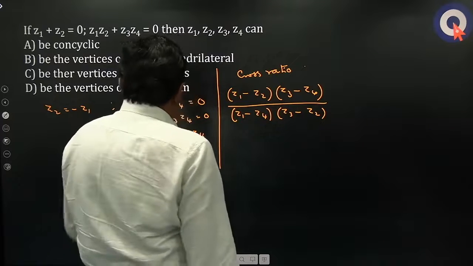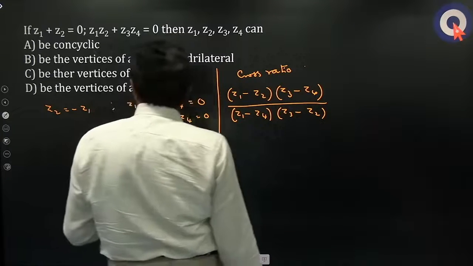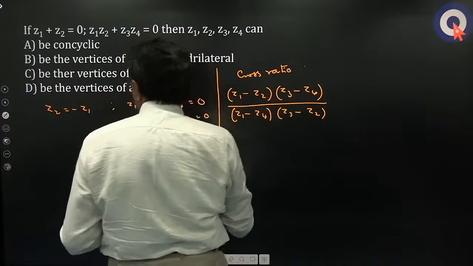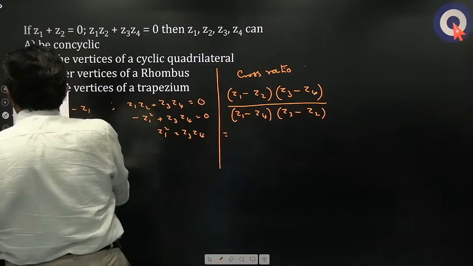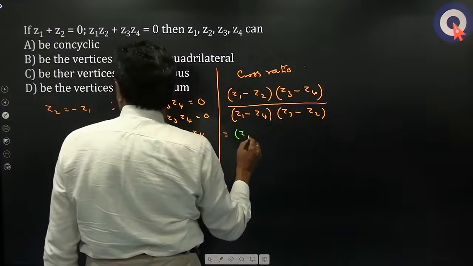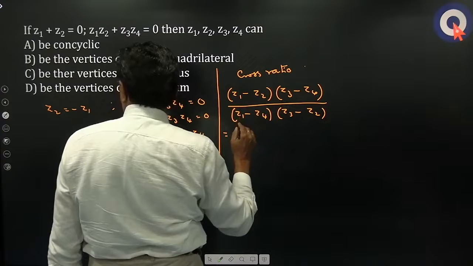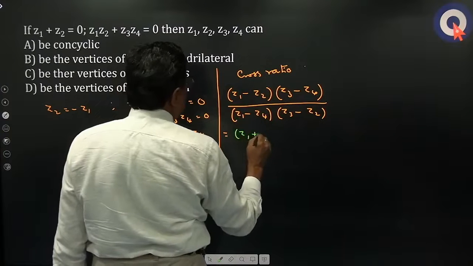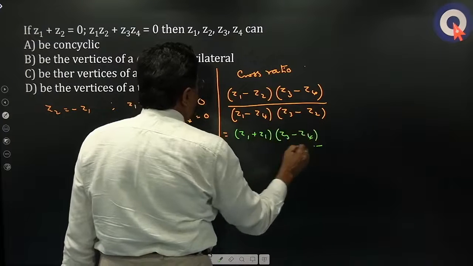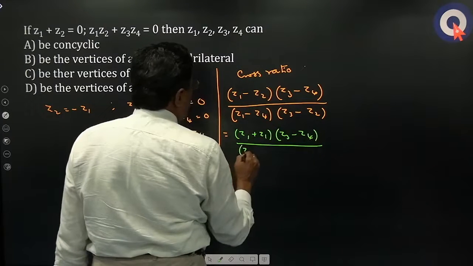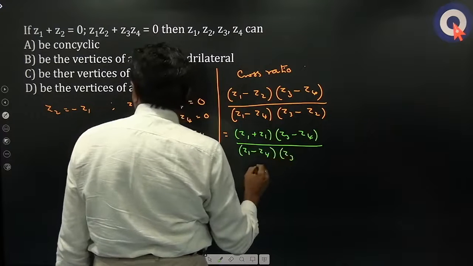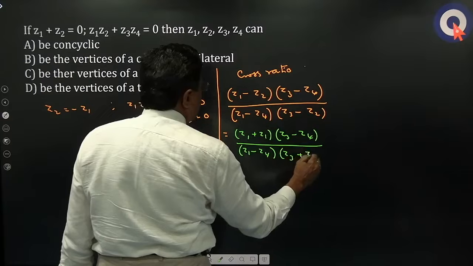So here, this can be written as z1 minus z2, which is minus z1, so z1 plus z1, into z3 minus z4 by z1 minus z4 into z3 minus z2, which is z3 plus z1.